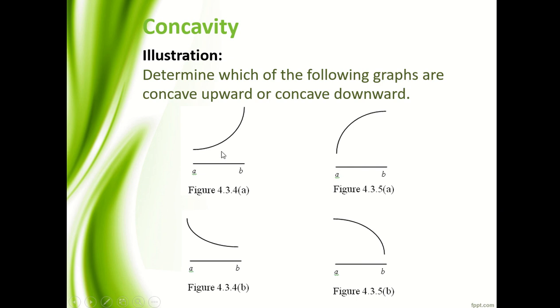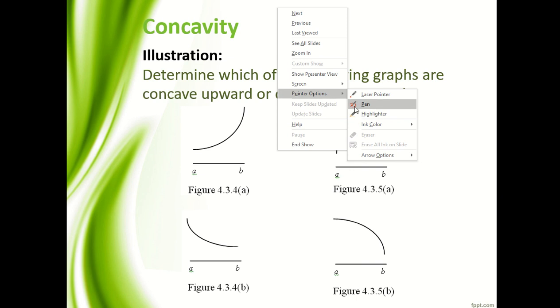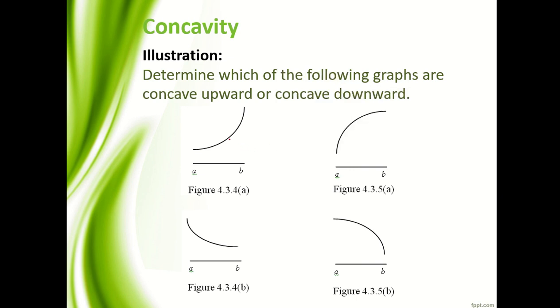In this case, our tangent line is something like this. Perhaps this is the point of tangency here, and then our tangent line is something like this. So we can say that the point of tangency is above the tangent line, so this is concave upward.